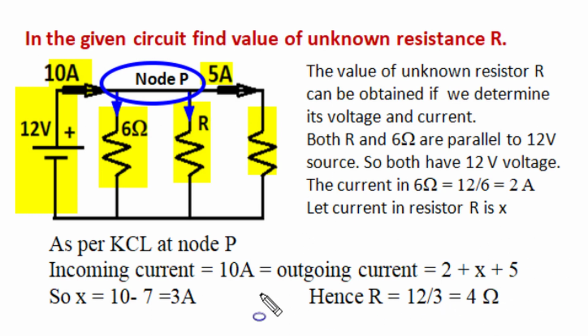When we simplify, we get that the current in the unknown resistance branch X is 3 ampere, and when we apply Ohm's law, the unknown resistance is voltage divided by current. The voltage of R is 12 volt, the current in this unknown resistance is 3 ampere, so the unknown resistance is 4 ohm.